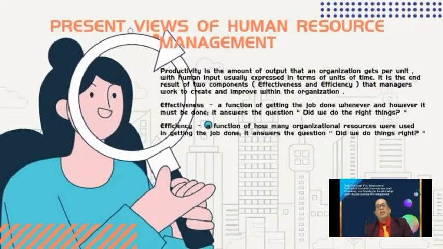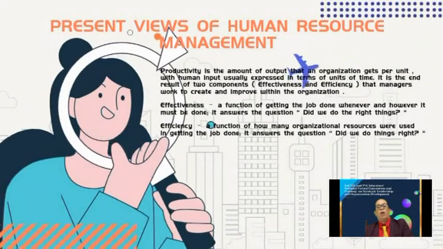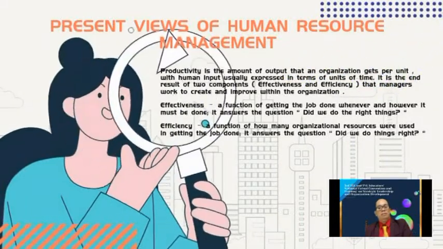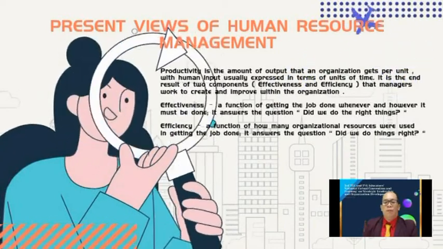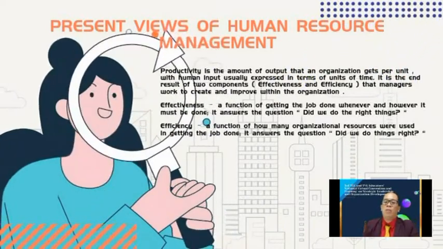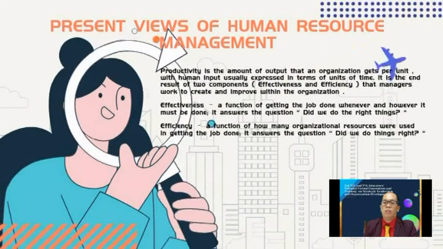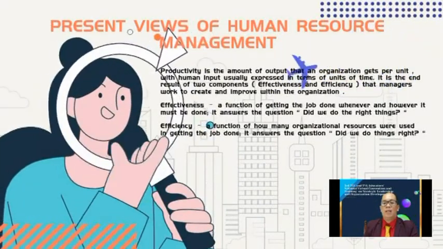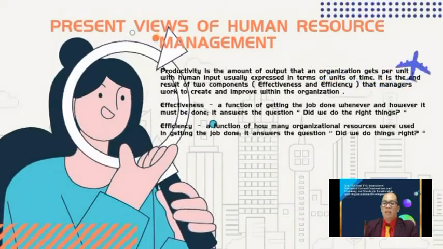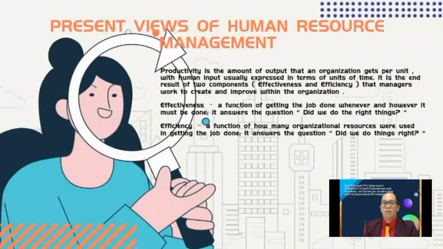Effectiveness is the function of getting the job done whenever and however it must be done. It answers the question, did we do the right things? Efficiency is a function of how many organizational resources were used in getting the job done. It answers the question, did we do things right?